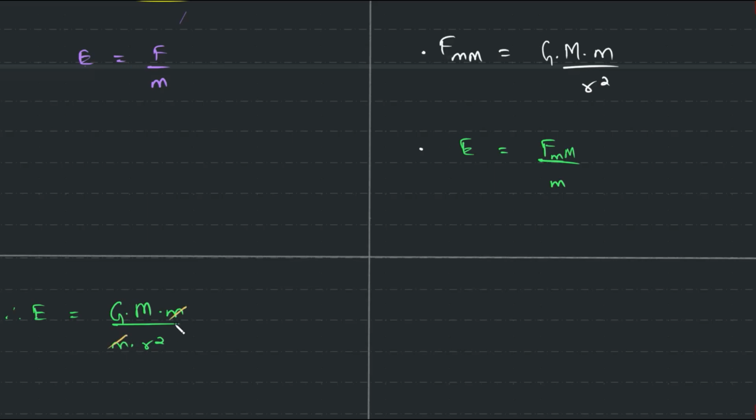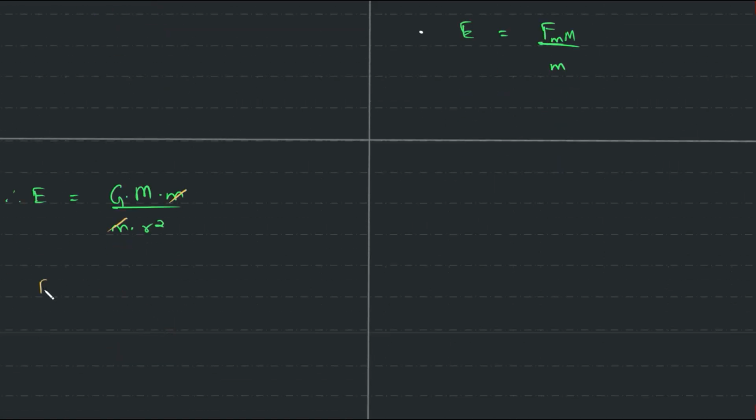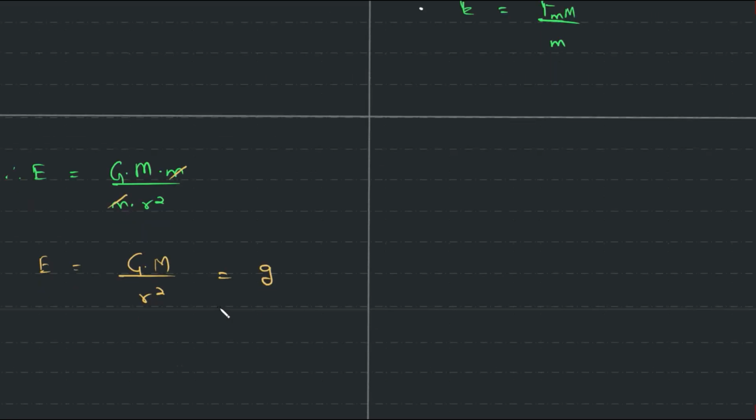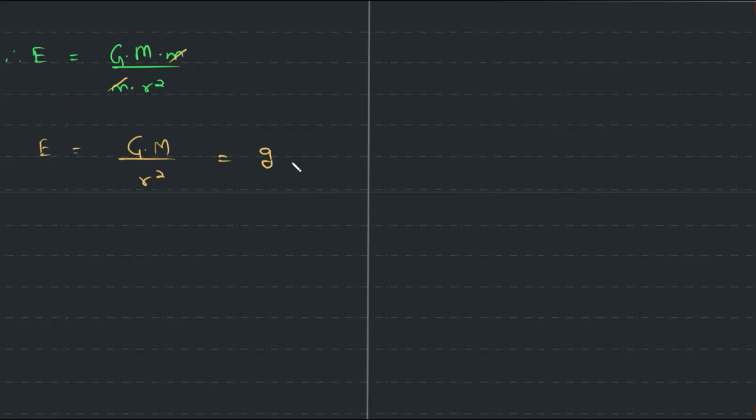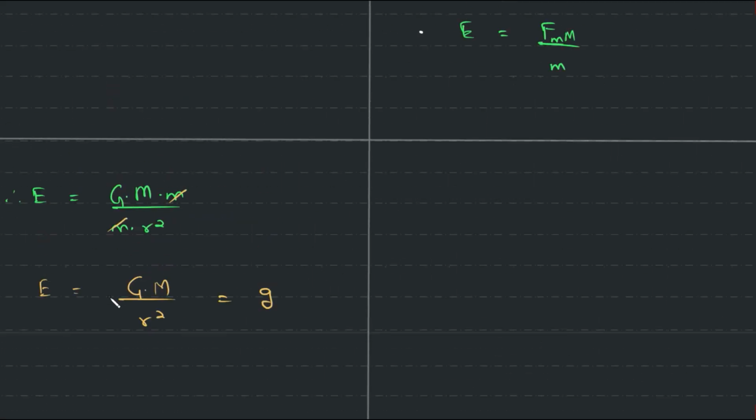So m and m will get cancelled. You can see it is the same as g, acceleration due to gravity. So that's the relationship between gravitational field intensity and acceleration due to gravity, guys.